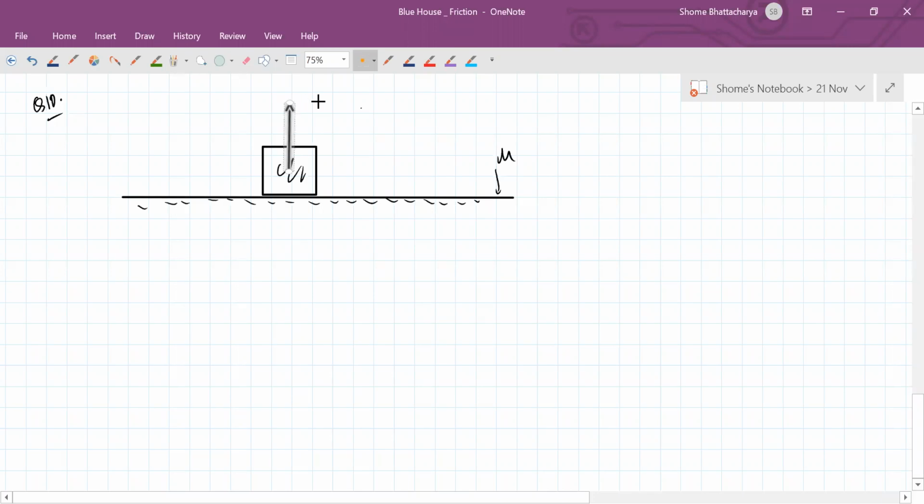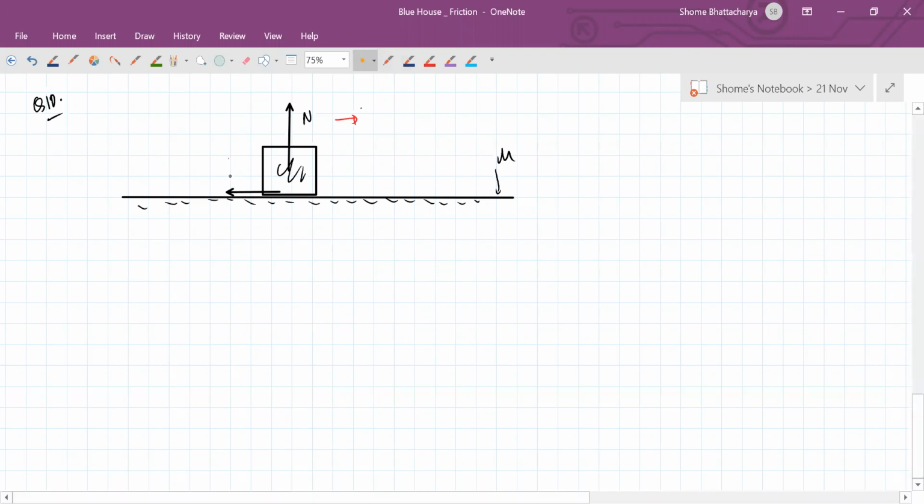So let's say normal reaction is acting like this, but let's say the block is moving like this. We don't know with acceleration, without acceleration, or what. So we also know that friction will be acting like this.